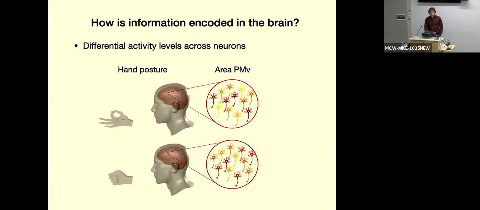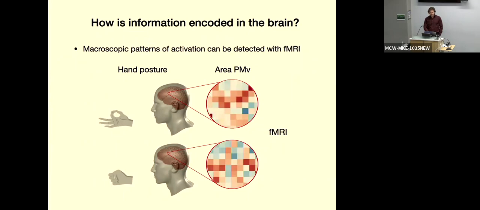And important for our purposes, with functional MRI, if we use a voxel-level multi-voxel pattern analysis approach, we can have a lower resolution version of this activity pattern across neurons. And so we have a way to read out the information that is encoded in that area.